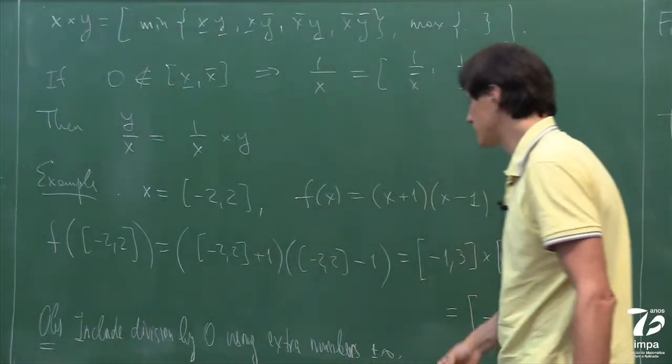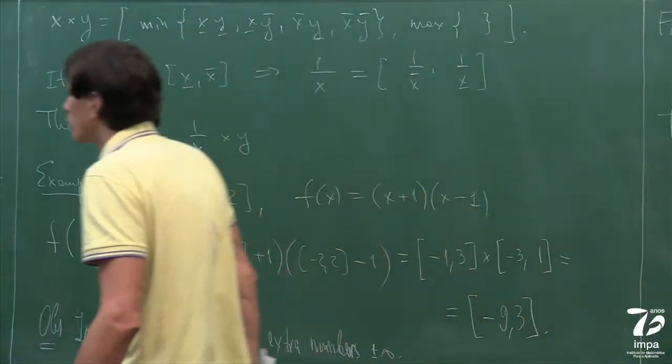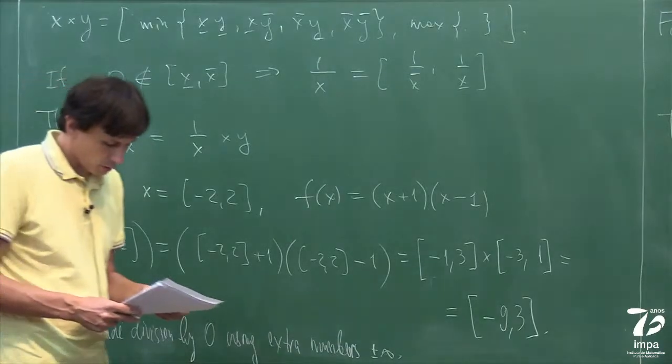So if you add plus and minus infinity to your vocabulary of numbers, then you can relax this condition. So there will be intervals which you obtain when you divide by 0.